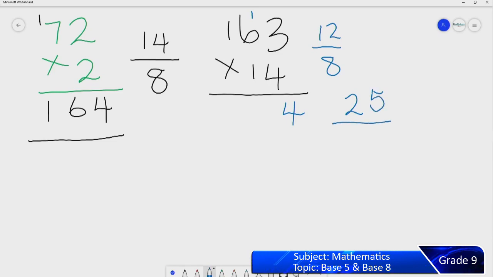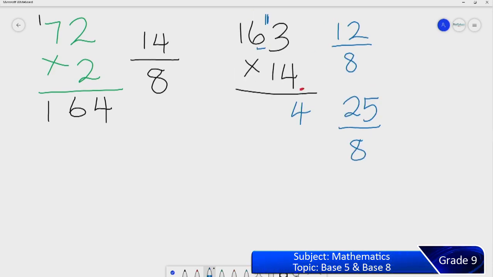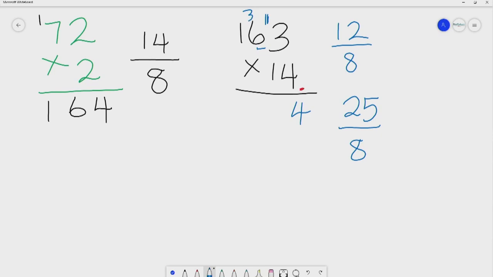And we're dividing all of this by base 8. 25 divided by 8 would give us 3. Put it at the top, with 1 remaining. Put the remainder at the bottom.